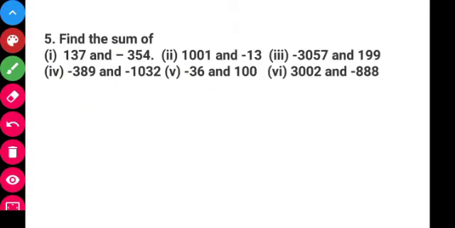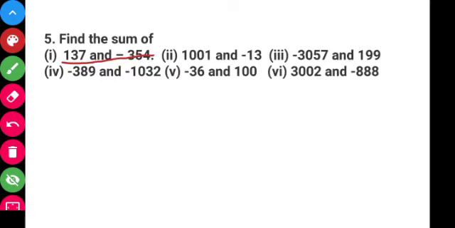Now questions number 2, 3, 4 you can do by yourself. Now question number 5 is given: find the sum of 137 and this. It is asked for the sum only, it is not asking to use the number line, so you have to do it directly. For the sum or difference of two integers, remember two things.